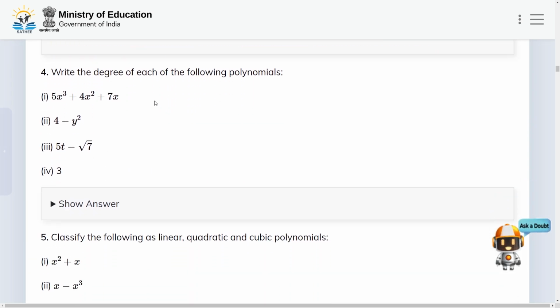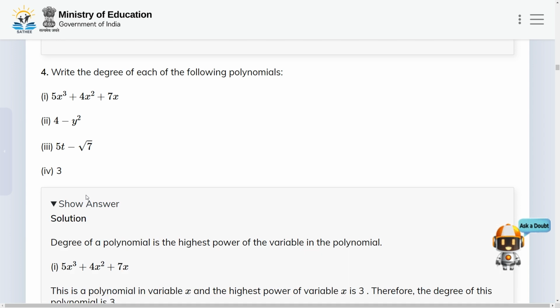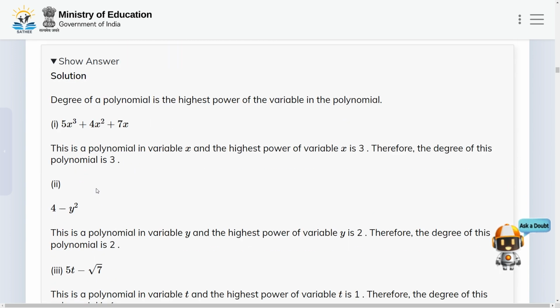Now let us move to the next problem. Here we have to write the degree of the following polynomials. In the first polynomial, we have the expression 5x cubed plus 4x squared plus 7x. We know the degree of a polynomial is the highest power of the variable in the polynomial.